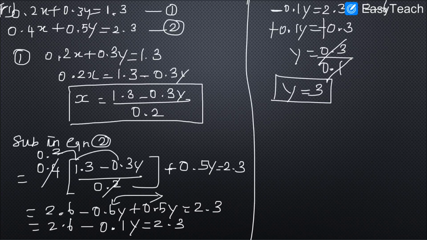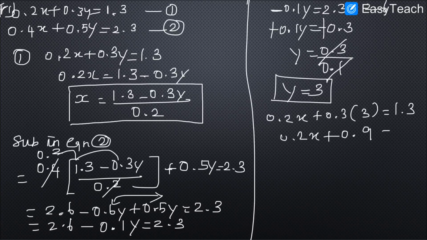Let's substitute this in equation 1. So I get 0.2x plus 0.3 for y, 3, equals 1.3. So 0.2x plus 0.9 equals 1.3. So 0.2x equals 1.3 minus 0.9.